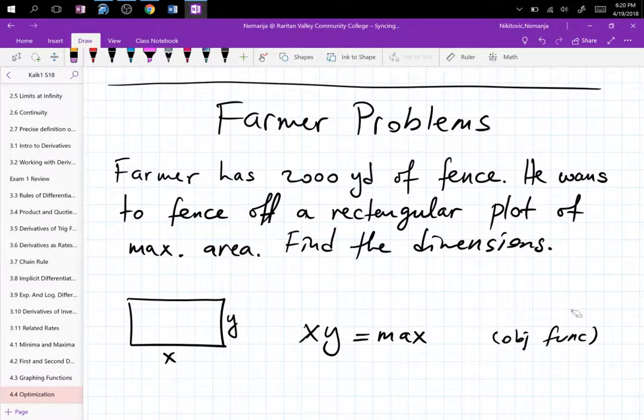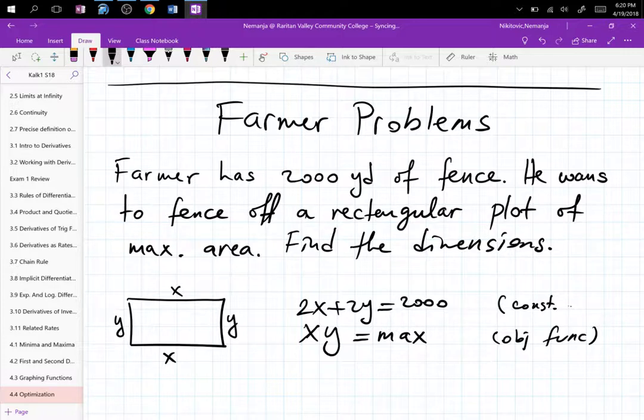Beautiful. 2x plus 2y. That's the perimeter of the rectangle. So 2x plus 2y equals 2,000. You are going to use all 2,000 yards of fence to go across. And this is your constraint function.